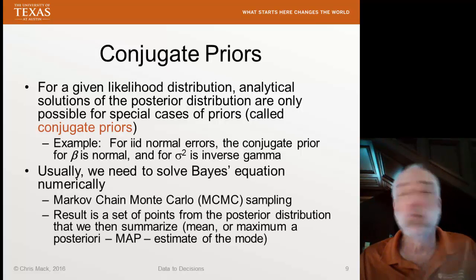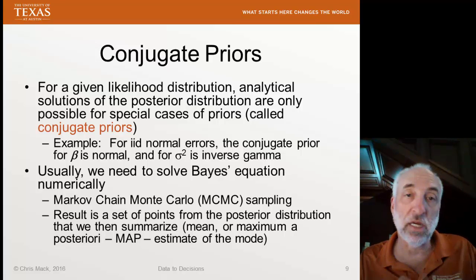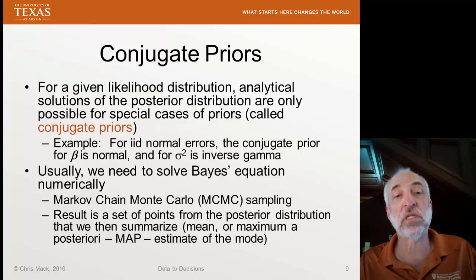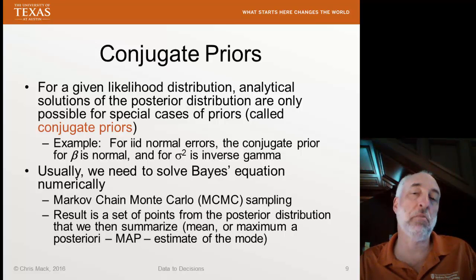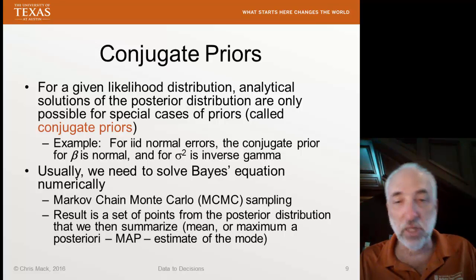But in general, we're going to solve Bayes equation numerically anyway, whether we're using conjugate priors or not. The most common way to do this is Markov chain Monte Carlo sampling, sometimes Gibbs sampling.